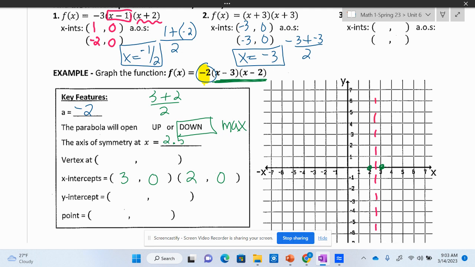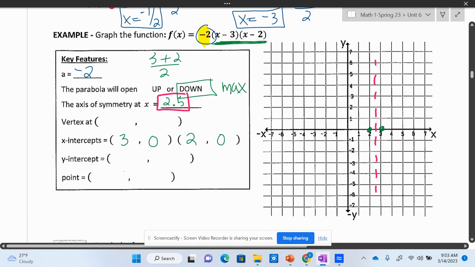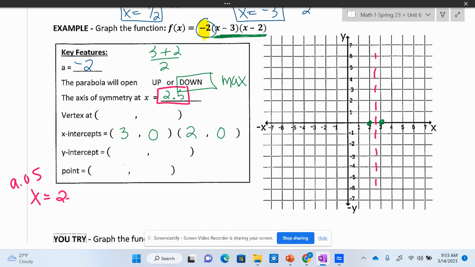Now remember, this graph is going down, so we have to find the vertex. In order to do that, we take the x of the axis of symmetry and we have to plug it into the function. So I'm going to write that right down here so you can see my work. So the AOS happens when x is at 2.5, and I have to take that and plug it into my equation.